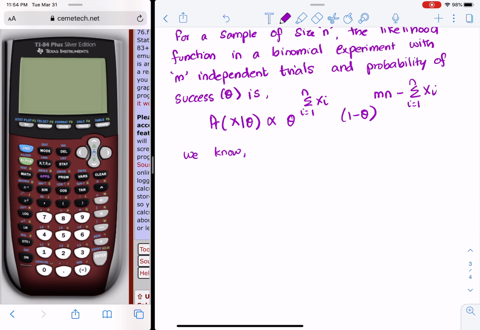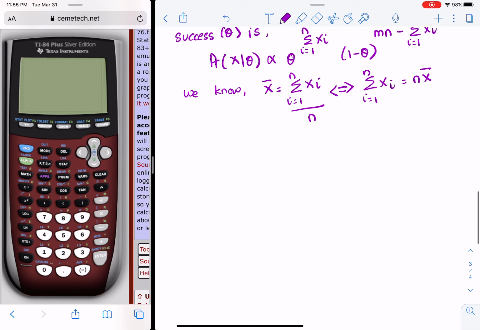the average of a sample, x bar, is equal to the sum i equals 1 to n of xi divided by n. This would mean, if I rewrite it, the sum i equals 1 to n of xi equals n times x bar.